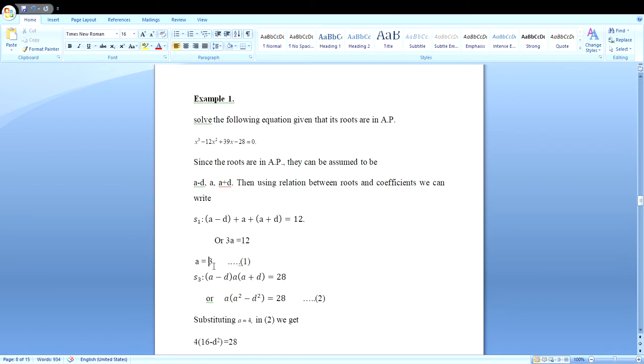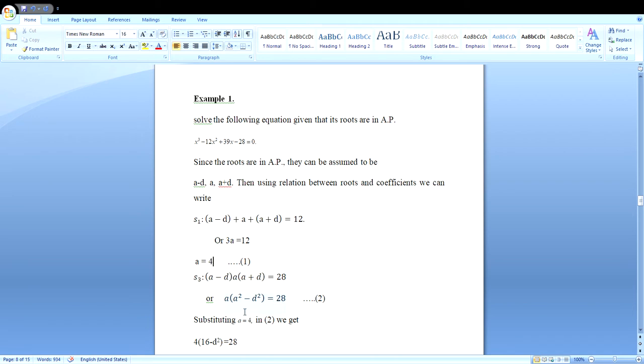That is, a equal to 4. From S3, that is taking the product of the roots, a minus d into a into a plus d equal to 28. Or a into a minus d into a plus d, which is a square minus d square.